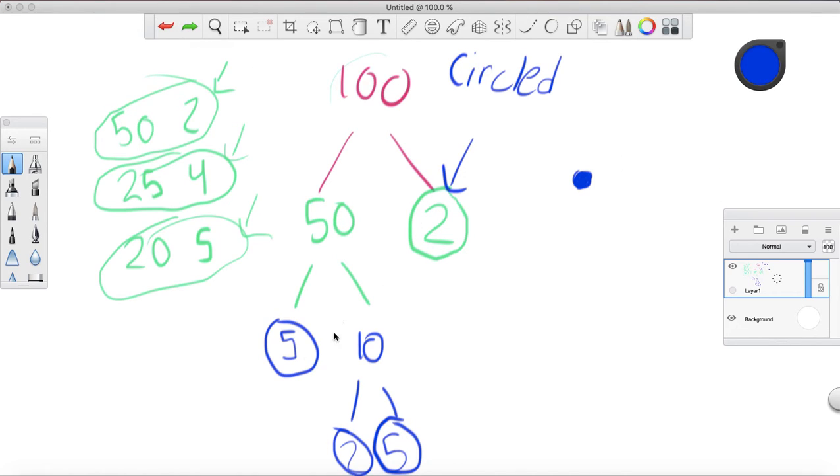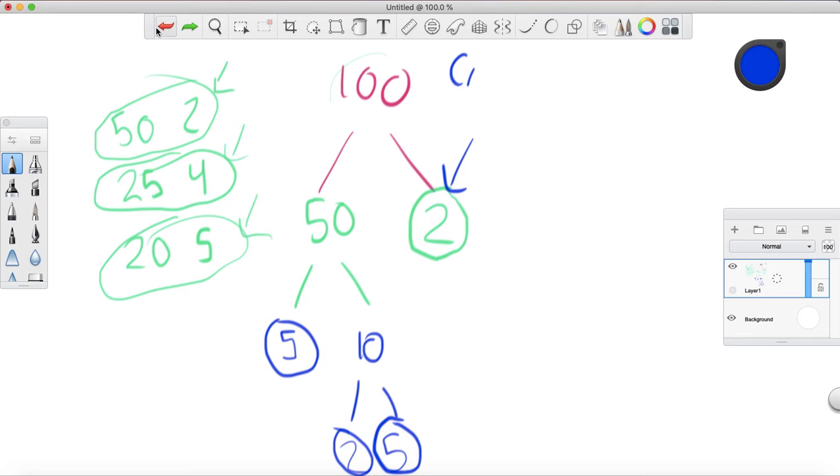So there's 2 2's, so we would just do 2 to the second power. Make 2 and then make a little 2. And then for 5, since we have 2 5's, it would be 5 to the second.